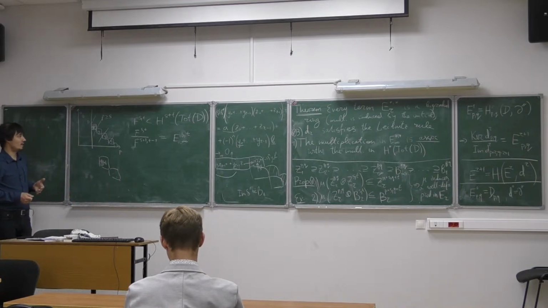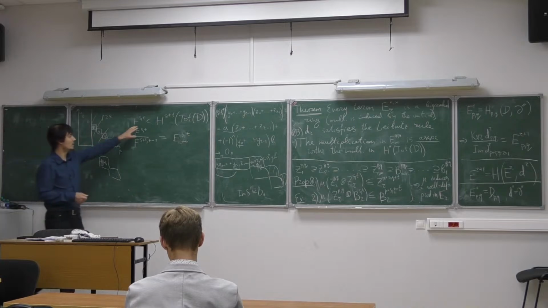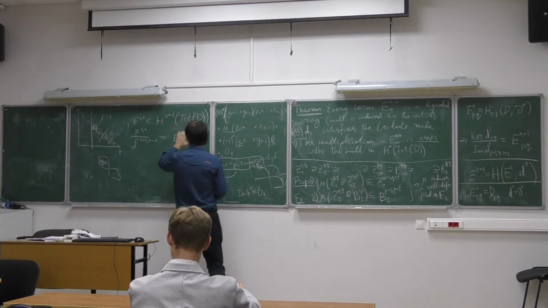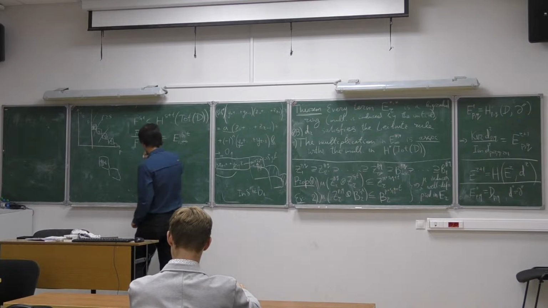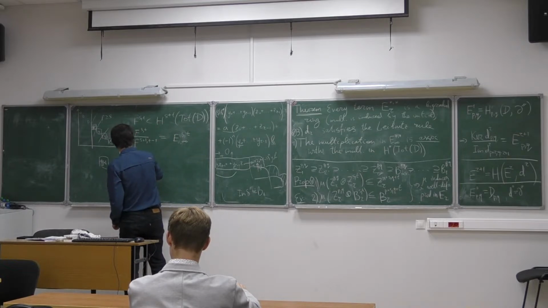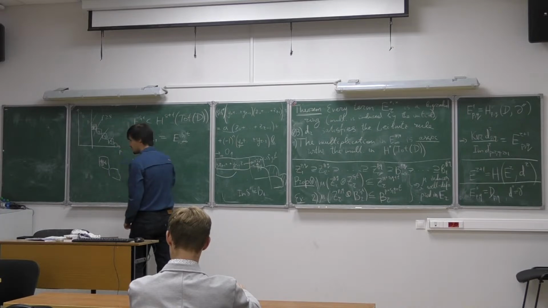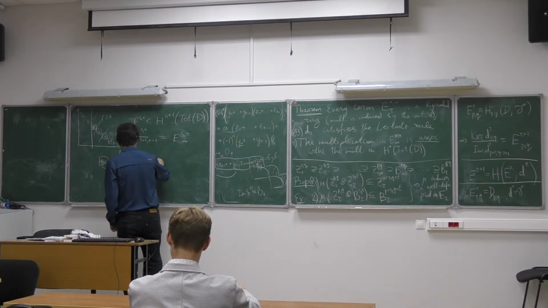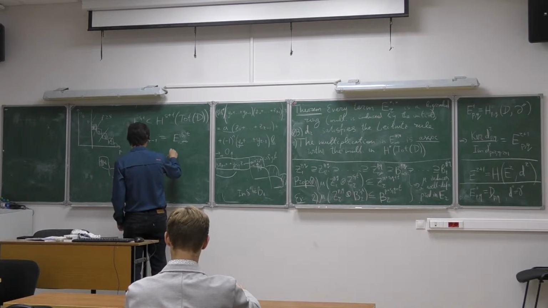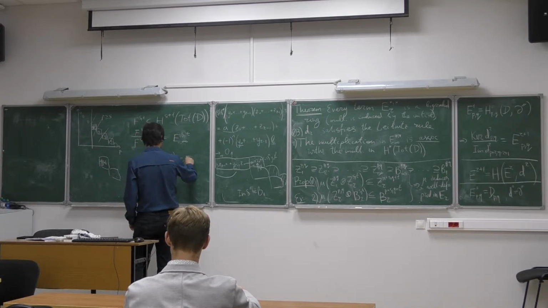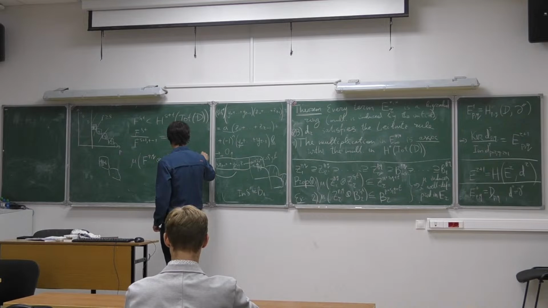So we see that the multiplication in these groups is the following: if we multiply something of filtration PQ and filtration ST, then we get filtration P plus S, Q plus T.